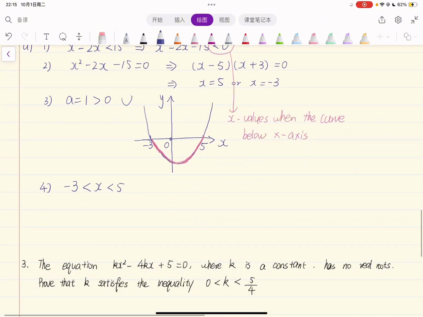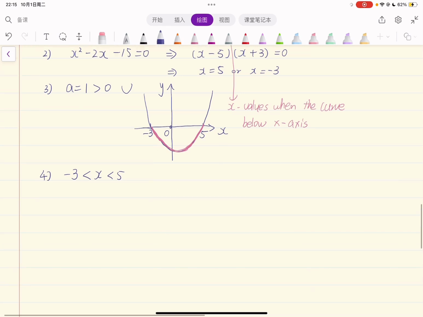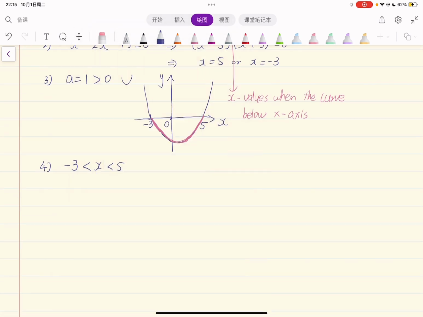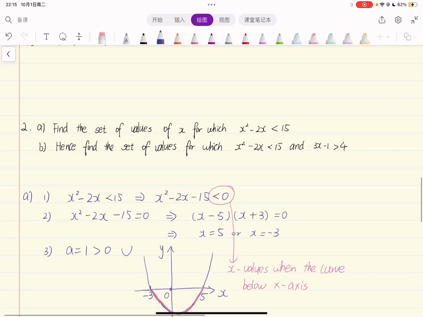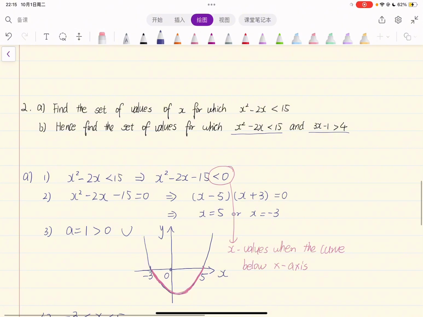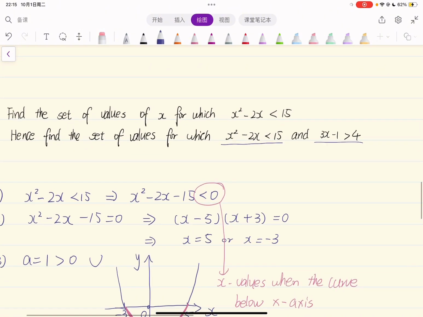Now move on to the part B question. So what does question B say? Hence find the set of values for which x squared minus 2x is less than 15 and 3x minus 1 is less than 4. We have done the set of values for the first inequality, and what we need to do is find the set of values for this linear inequality.